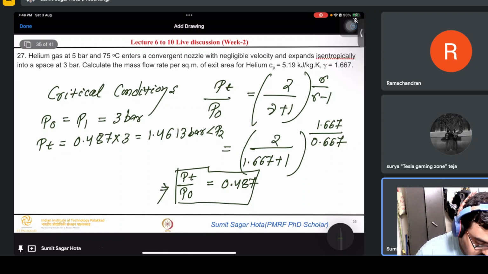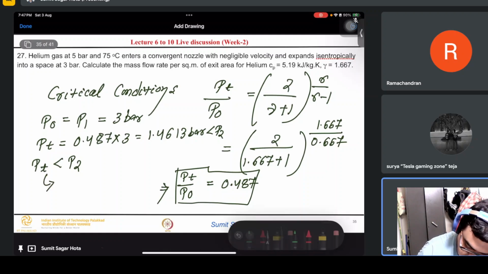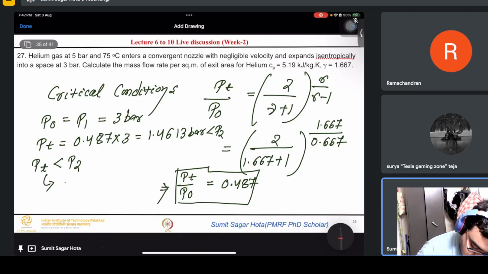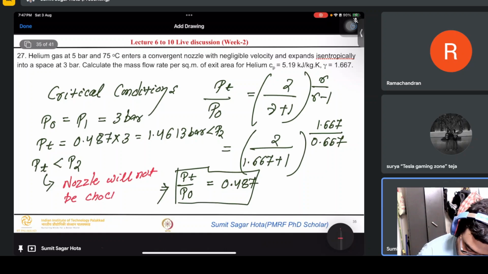Okay, so that means, you know, always if the total pressure is less than the exit pressure, then the nozzle will not be choked. Okay, this is a very important condition, when the nozzle will choke.